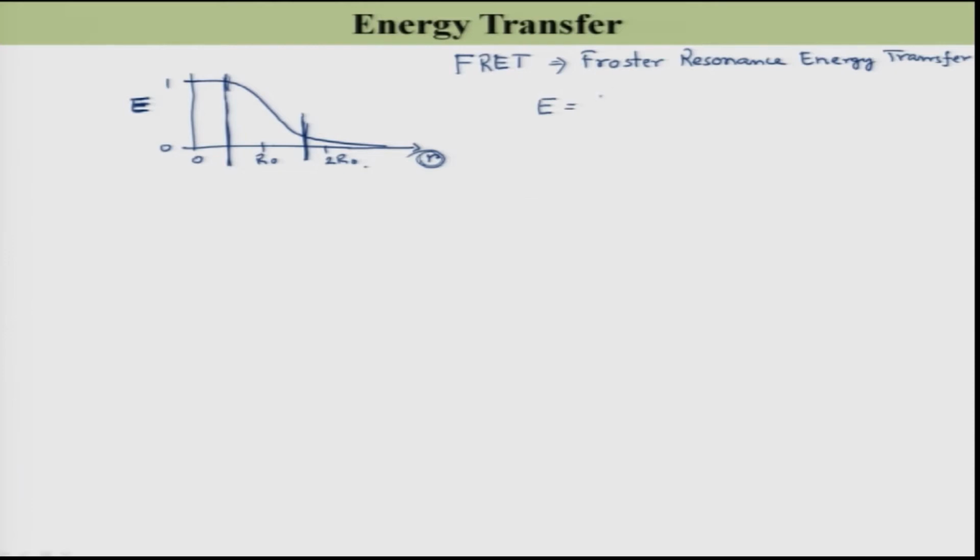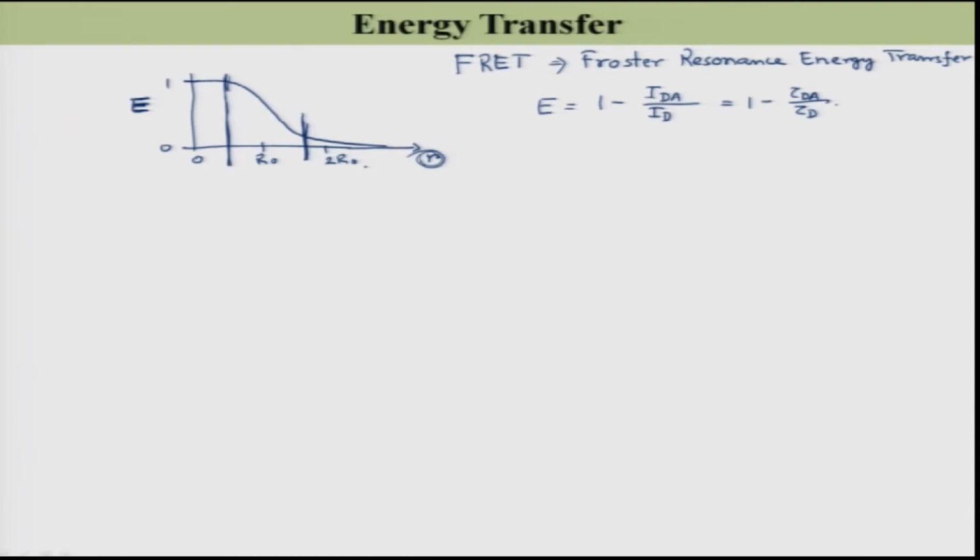So, this is equal to 1 minus I DA, the intensity of donor in presence of acceptor, divided by I D, which is again the same as 1 minus tau DA divided by tau D, the lifetime of the donor in presence of acceptor and the lifetime of the donor, where tau D is the lifetime of donor in absence of acceptor.